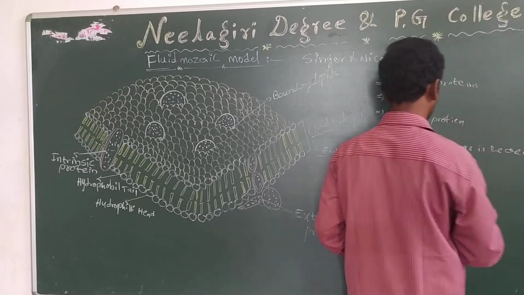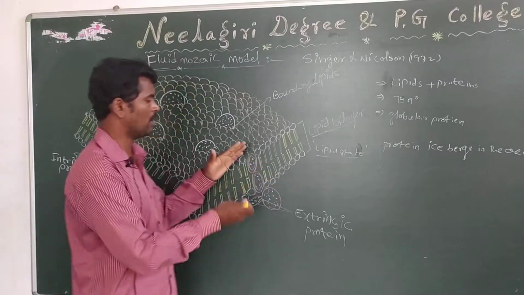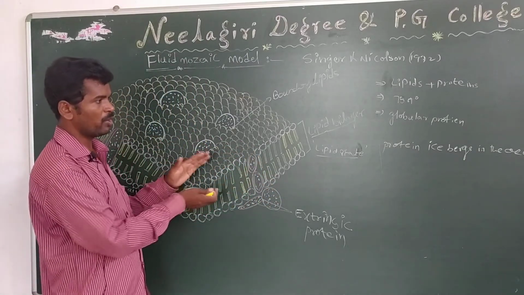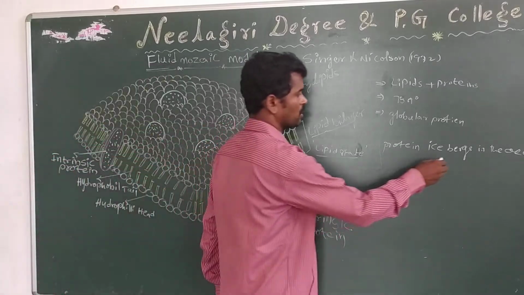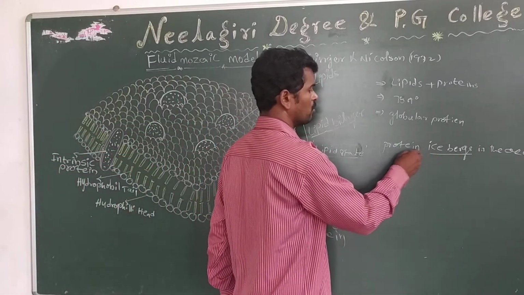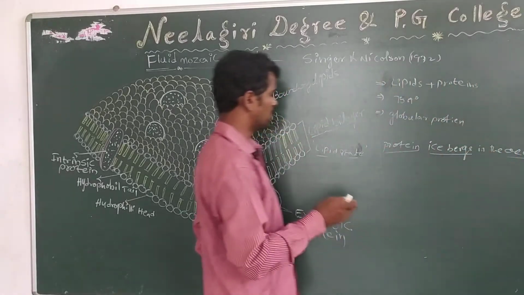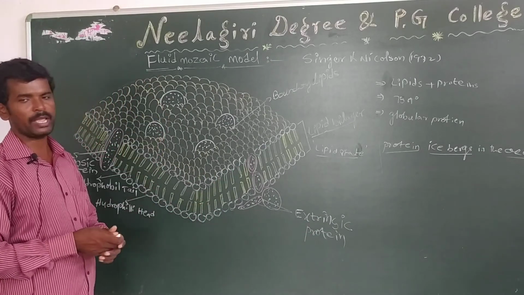This is very important: protein icebergs in an ocean of lipids. For example, this is the lipid ocean. In the lipid ocean the proteins are similar to icebergs, so icebergs consist of protein and lipids are the ocean. This is mostly the fluid mosaic model.